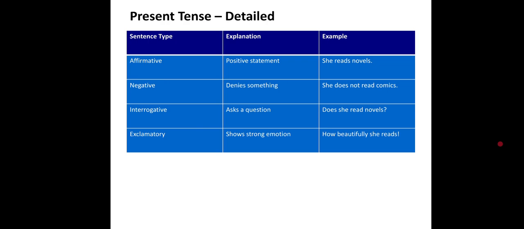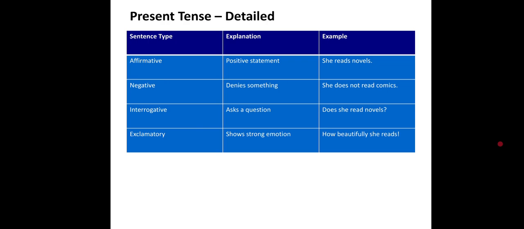For example, she does not read comics. In case of interrogative, we ask questions. For example, does she read novels? And interrogative and negative sentences we use to show strong emotions, like "How beautifully she reads!"